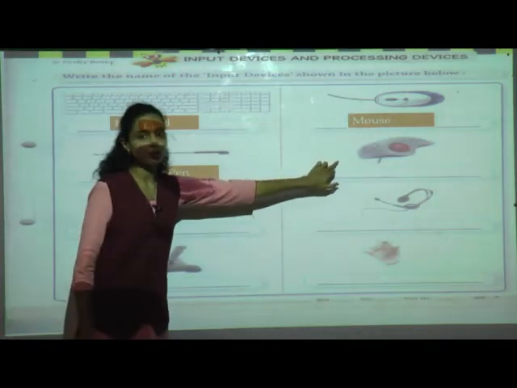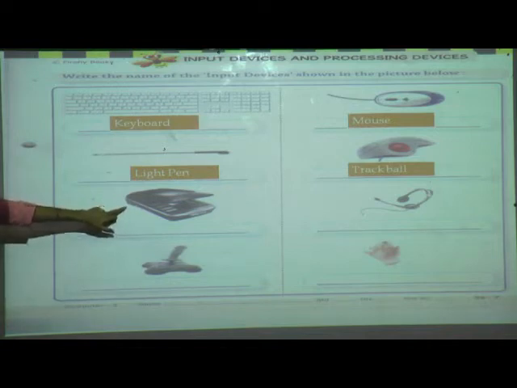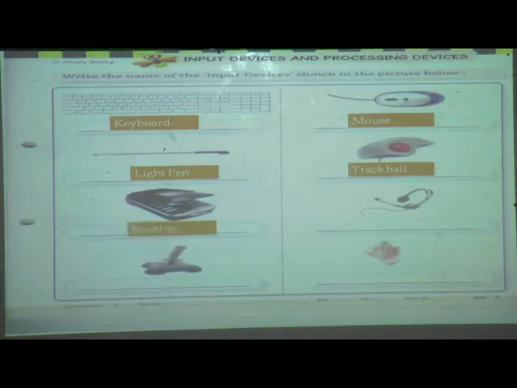What is the fourth picture? Good. It is trackball. T-R-A-C-K, track, B-A-L-L, ball. Trackball. What is this? Good. It is scanner. What is the spelling of scanner? S-C-A-N-N-E-R. Scanner.